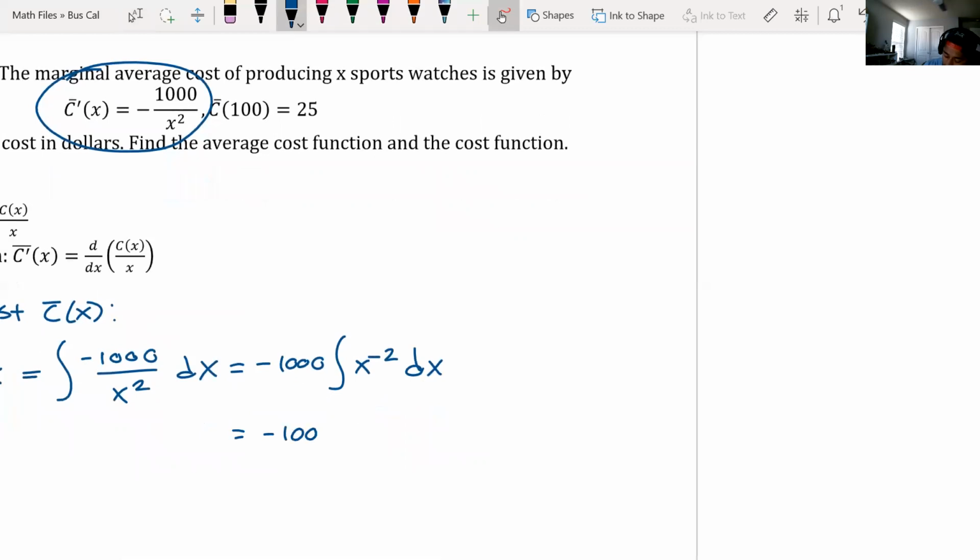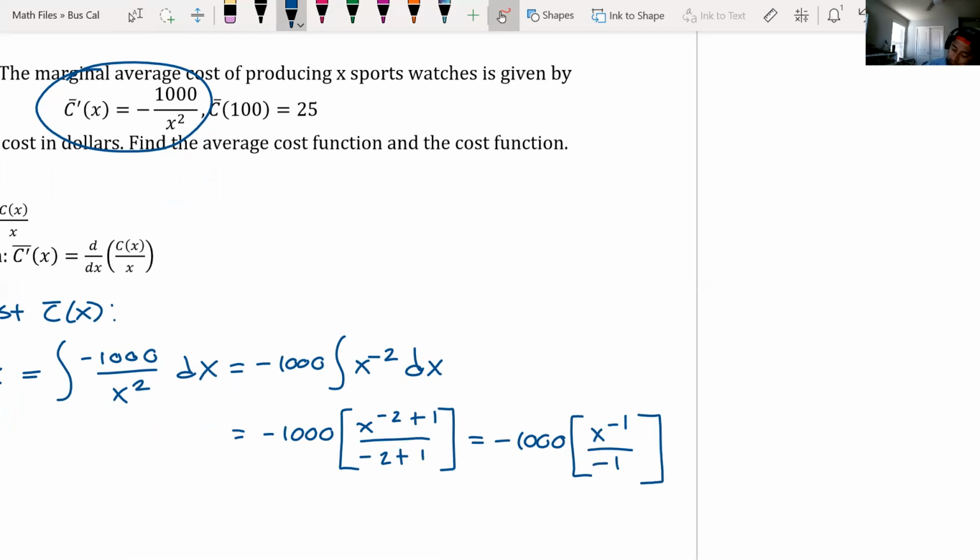So you get negative 1,000 times X to negative 2 plus 1 over negative 2 plus 1. We get negative 1,000 times X to negative 1 over negative 1, which gives us negative over negative becomes positive.